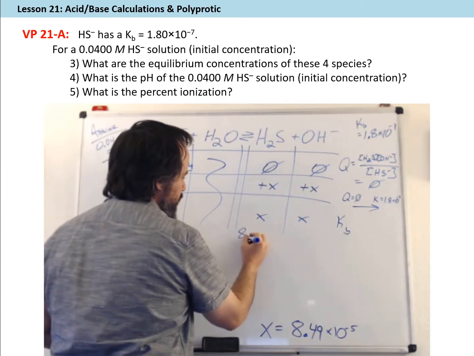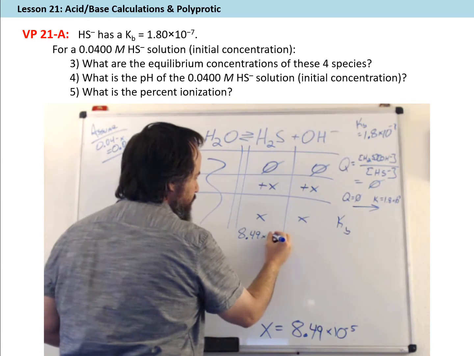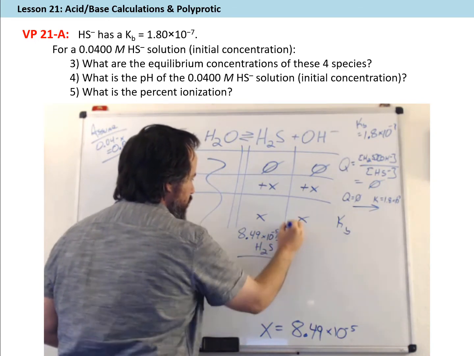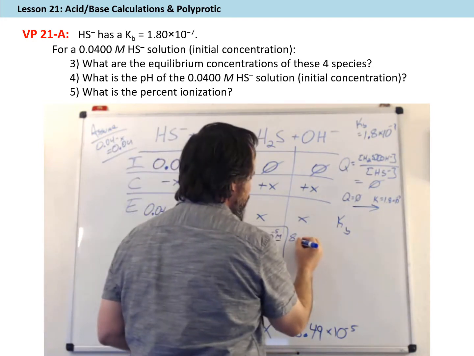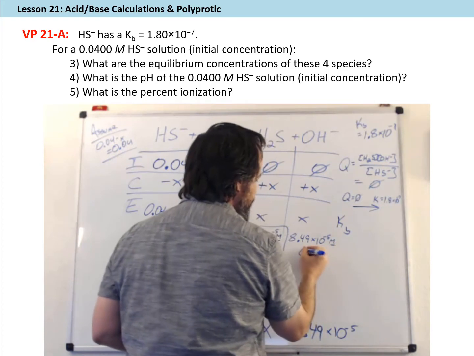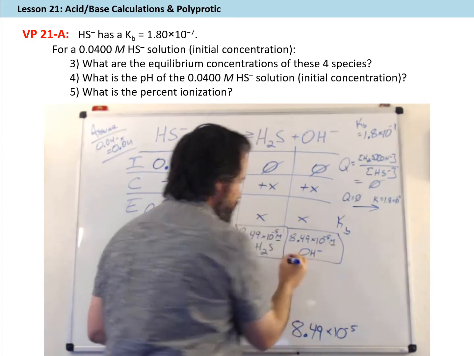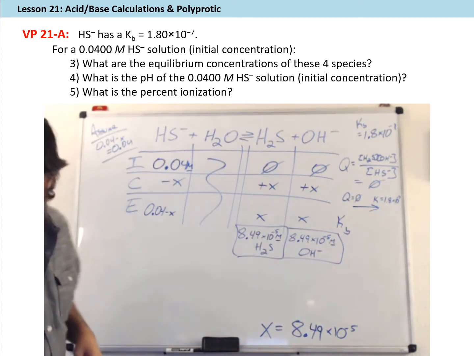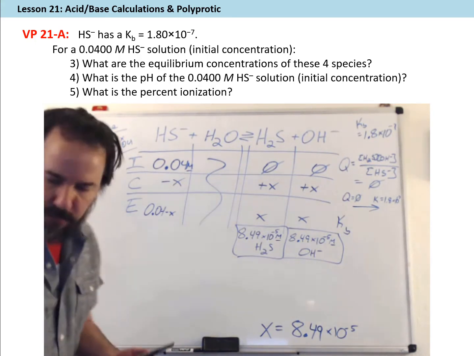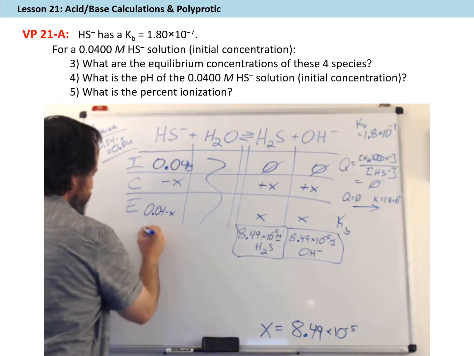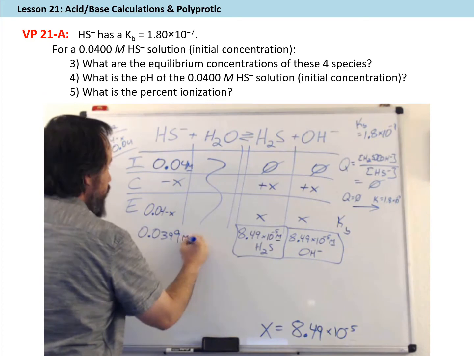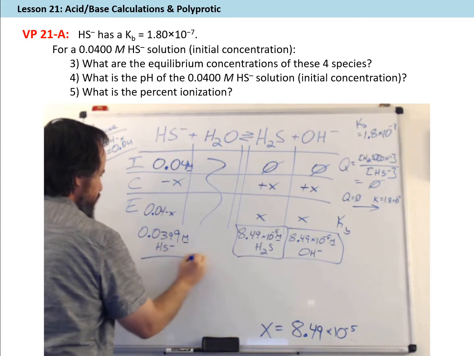So this is 8.49 times 10 to the negative 5 molar H2S. 8.49 times 10 to the minus 5 molar OH minus. This 0.04 minus this number is going to get me 0.0399 molar. This is HS minus.